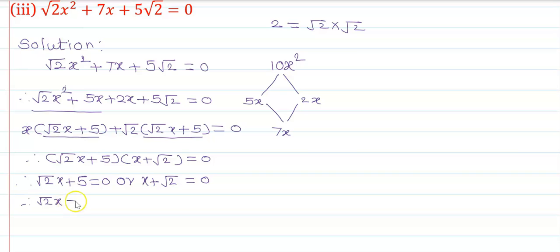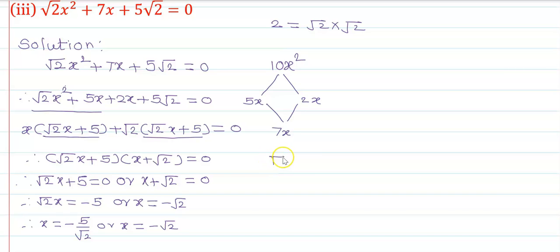Root 2x is equal to minus 5, or x is equal to minus root 2, and therefore x is equal to minus 5 upon root 2, or x is equal to minus root 2. These are the roots. Therefore, again, we will write here the answer.